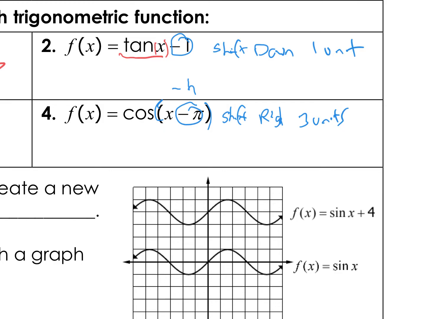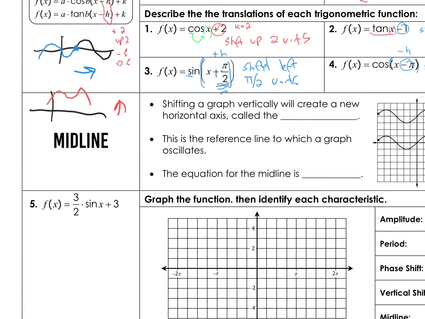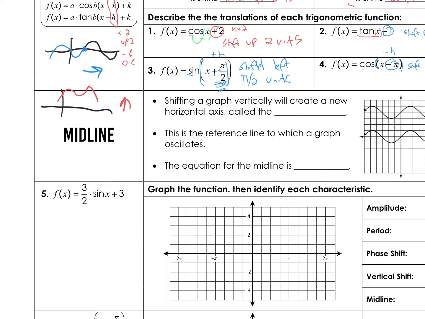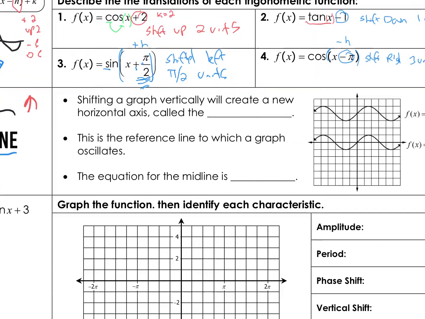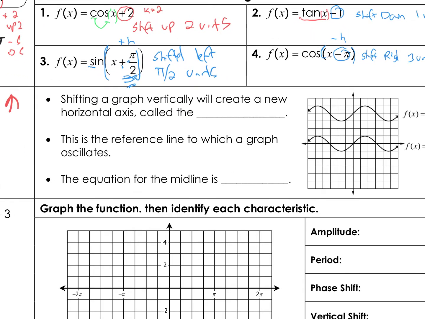Now let's see here. Midline. Midline is the middle of the graph horizontally. And so shifting a graph vertically will create a new midline, a new horizontal axis called the midline. That's what it's creating, a midline.